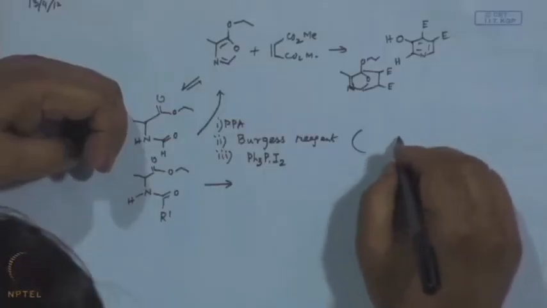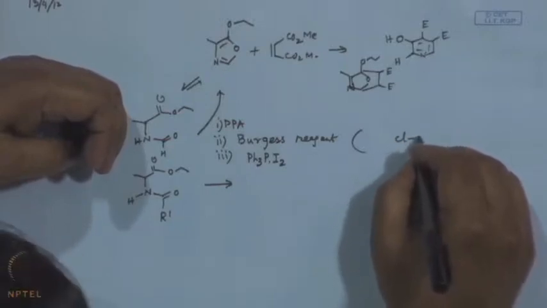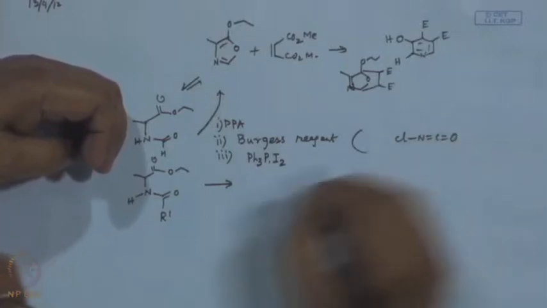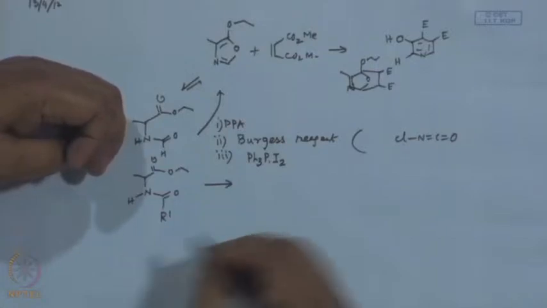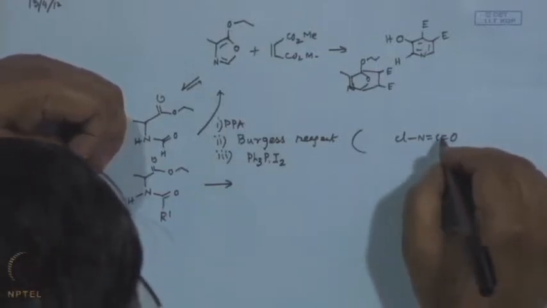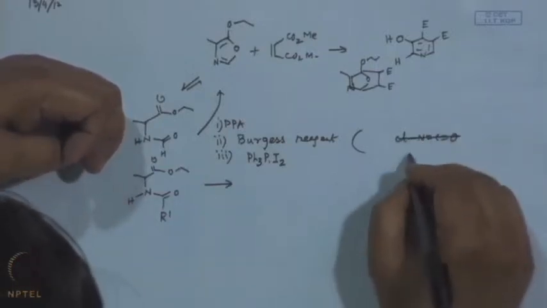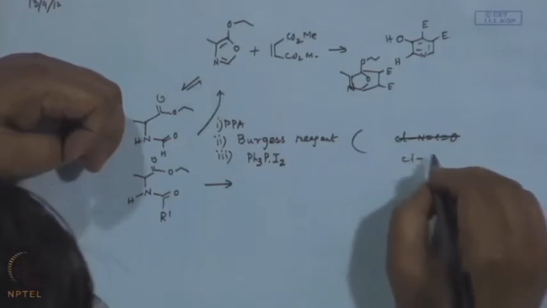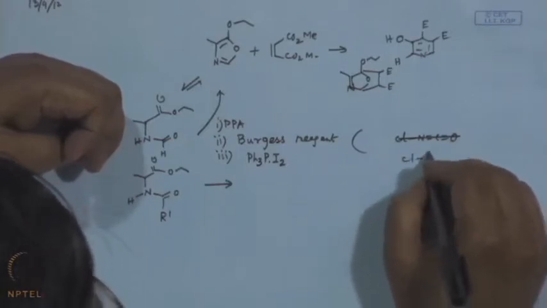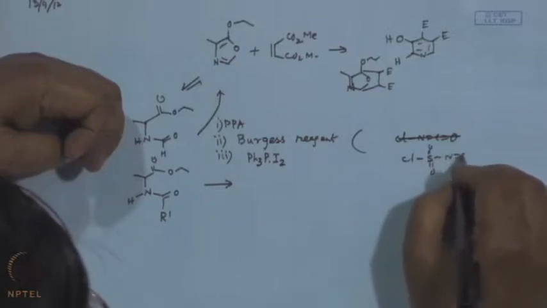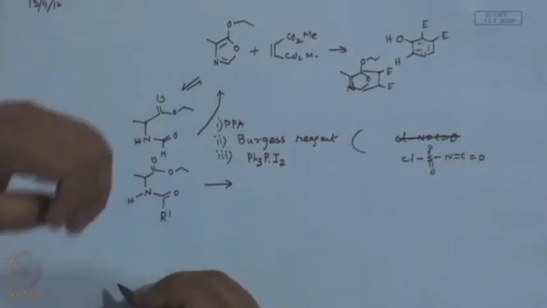Okay. So similarly, Burgess reagent, which I told you about last time, is a very simple reagent. It is made from chlorosulfonyl isocyanate.